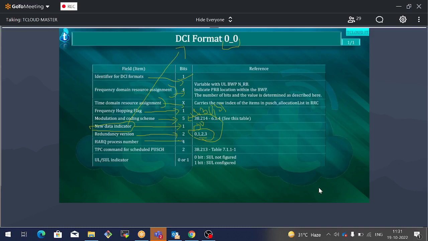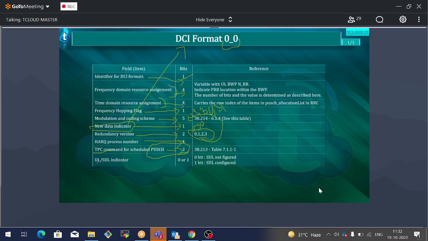HARQ process number and TPC command, transmit power command, to do the power control in uplink for uplink channels. This power control is a very heavy topic, and there is a relationship with this power control in the MAC layer. So we will study it again at that time, and I'll introduce it all at one place.